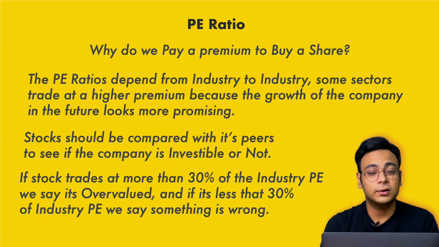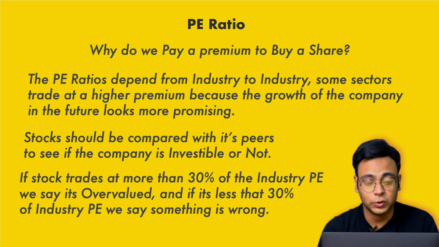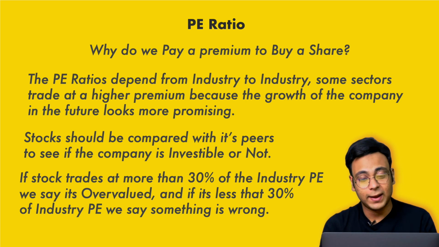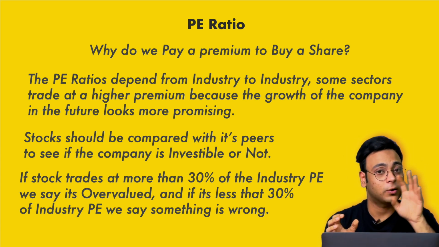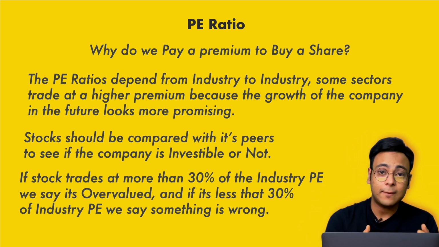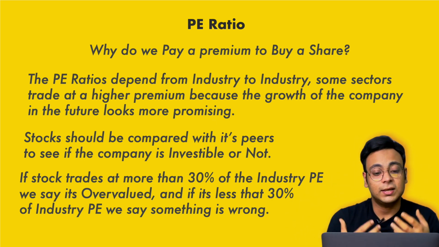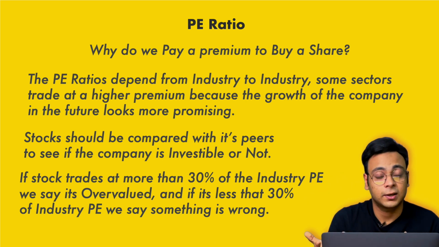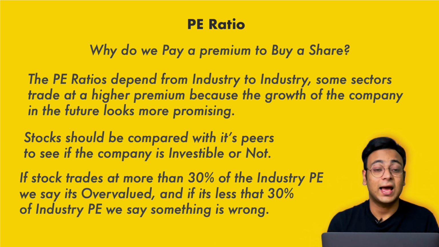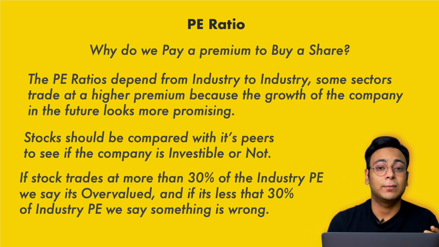Now, one important thing that you need to know about the PE ratio is that it depends on the industry or sector. Some sectors trade at a higher premium because the growth of the companies in the future looks more promising. So some companies, like let's say IT companies, might trade at a PE of 40.